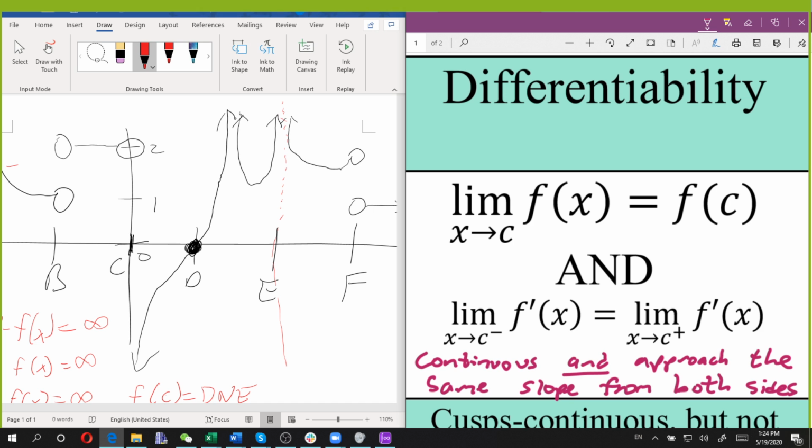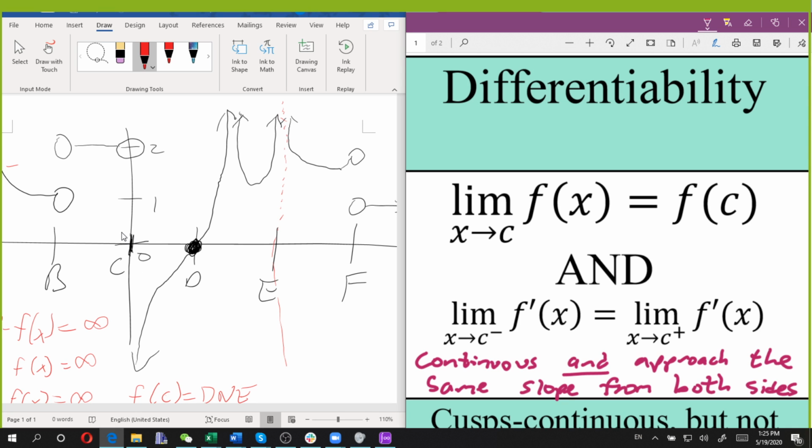Aileen, can you help us out? Why is point C not differentiable? Aileen's muted. I'm going to open to anyone.